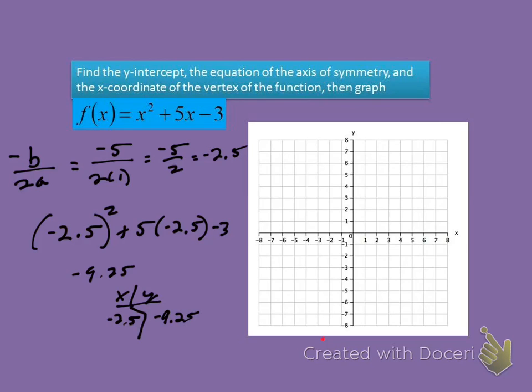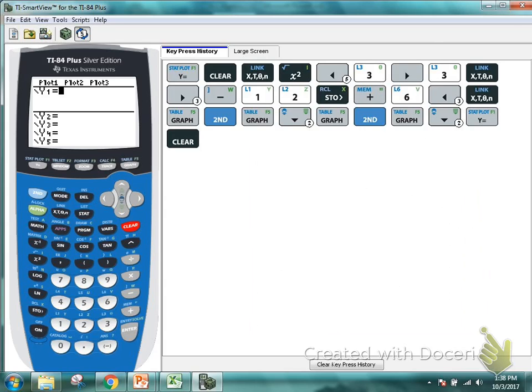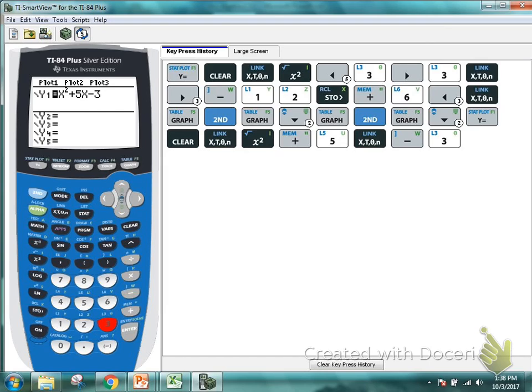Everybody good at that point? Now I'm not actually going to show this graph as far as me graphing it, but I am going to show on here what you should look for. So x squared plus 5x minus 3, and you hit graph. And that's what the graph looks like.